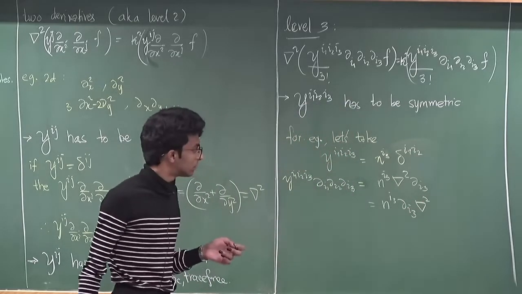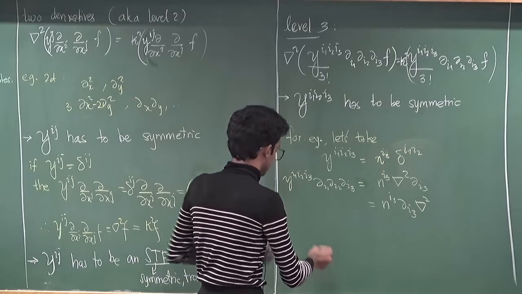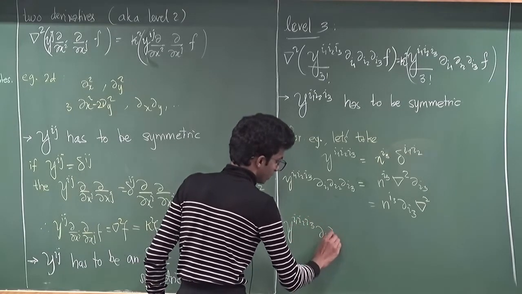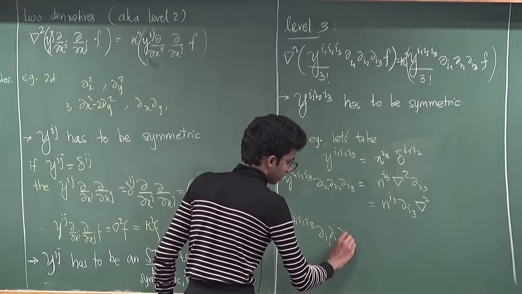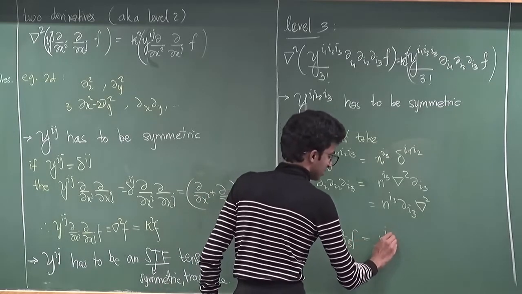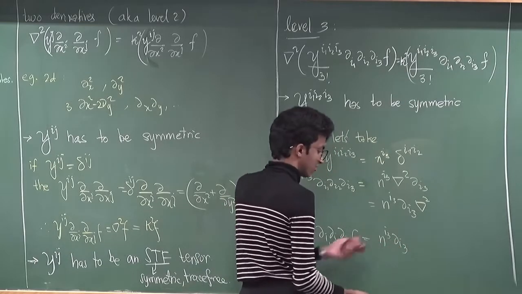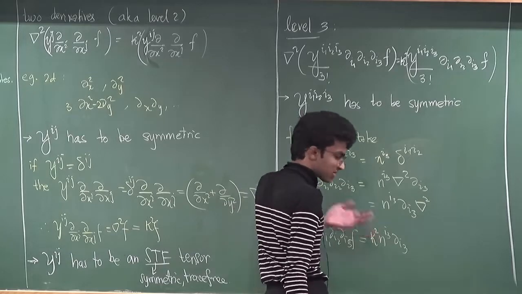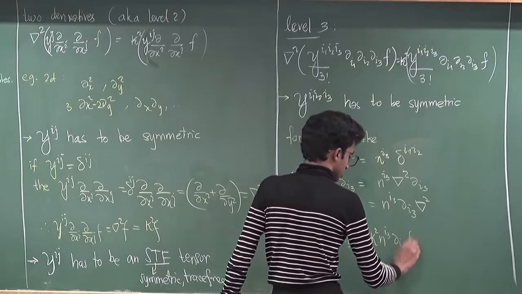Now let's act y_{i1 i2 i3} del i1, del i2, del i3 on f. This will just be n_{i3} del i3 grad squared on f, but grad squared is just kappa squared on f because f is a positive eigenvalue spherically symmetric solution.